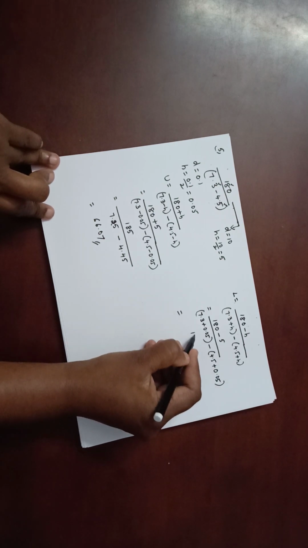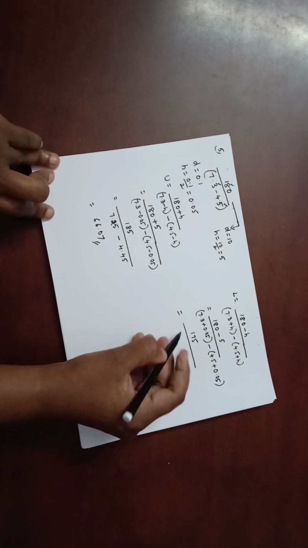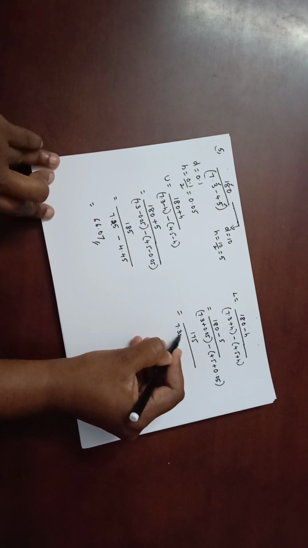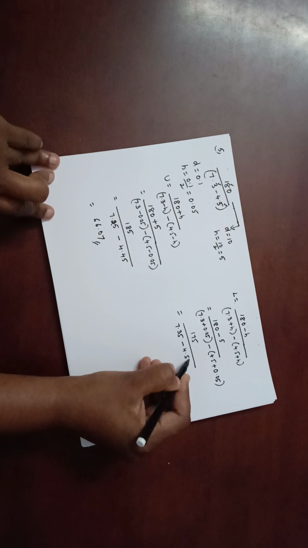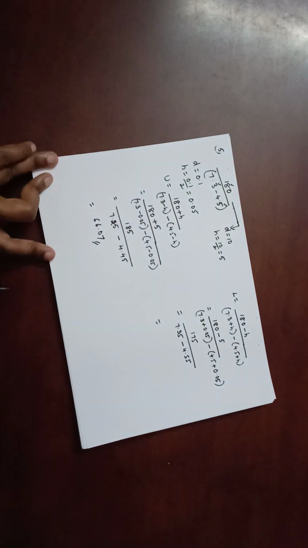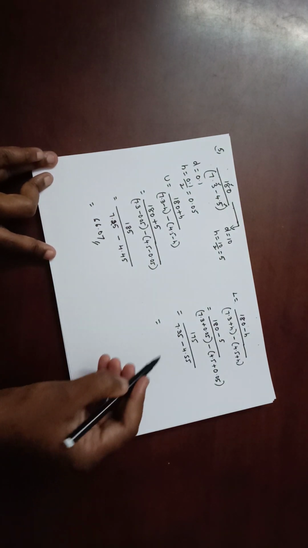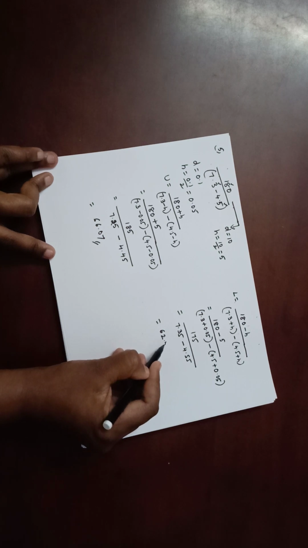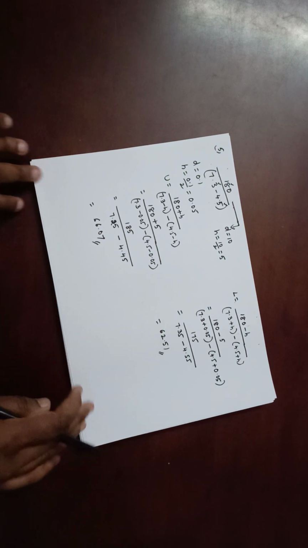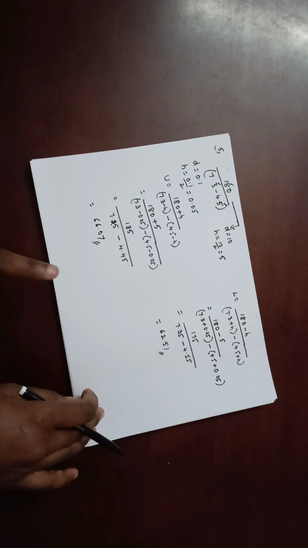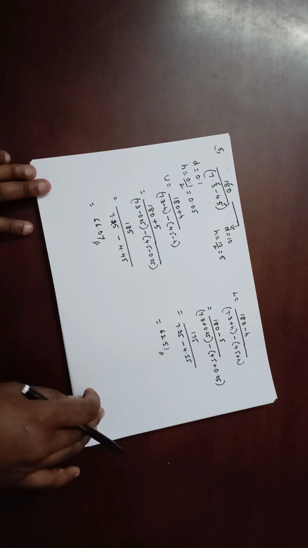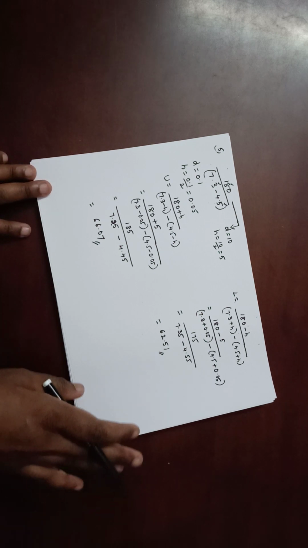So 175 divided by 7.35 minus 4.55. So the value is 62.51.